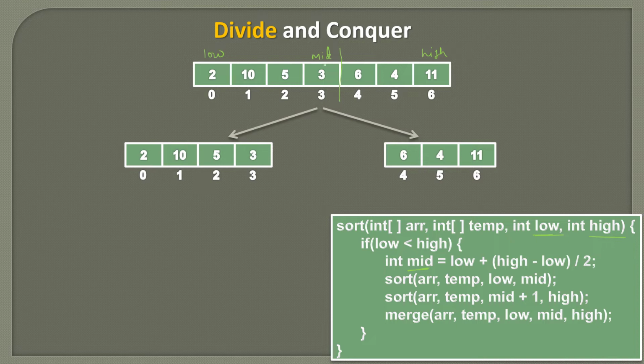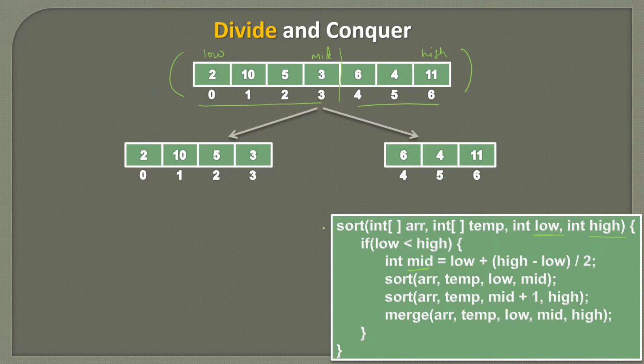From low to mid we consider that this is the sub problem, and from mid plus 1 to high we consider it a different problem. But the array structure remains the same.